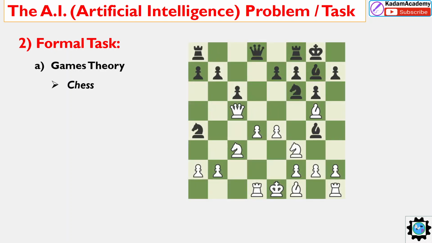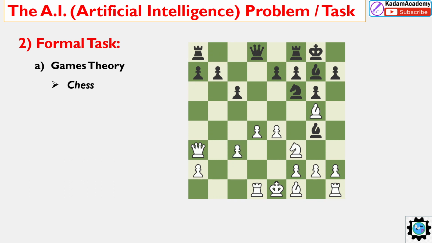Under this formal task, early work in the field of AI focused only on formal tasks such as game playing and theorem proving. Under games, the chess game had a good deal of attention.